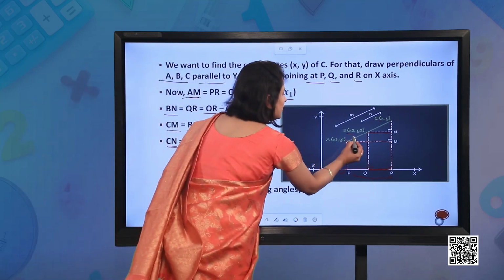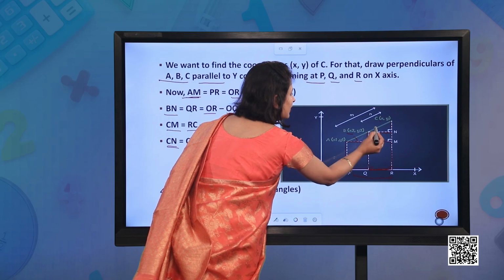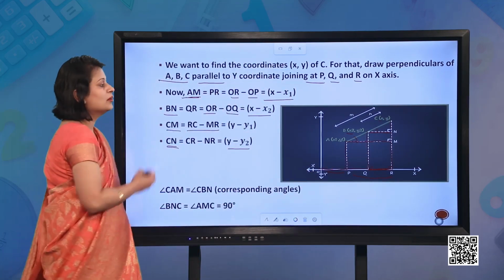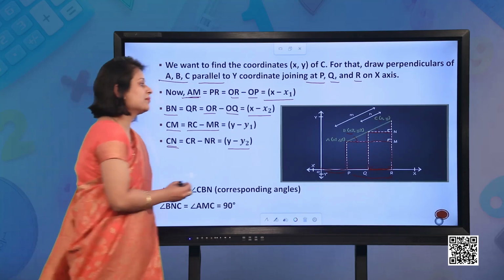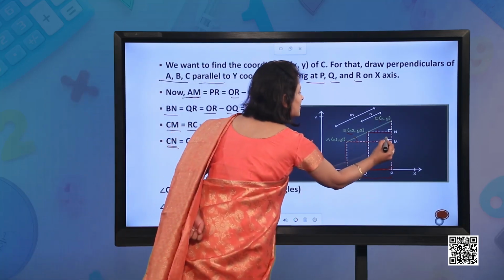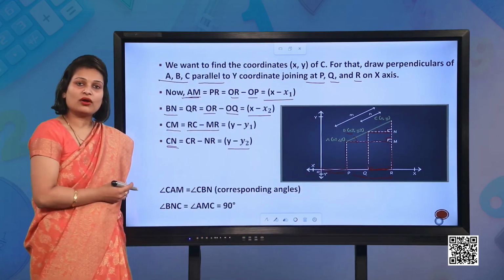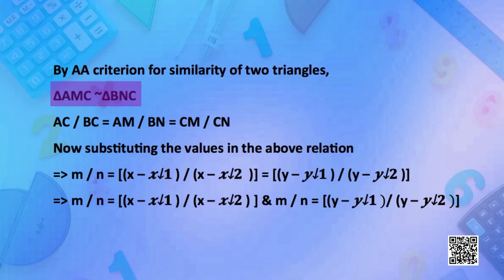Now, this angle and this angle are both equal because they are corresponding angles. This angle and this angle are both equal because both are 90 degrees. So, by the AA similarity criterion, triangles AMC and BNC are similar.